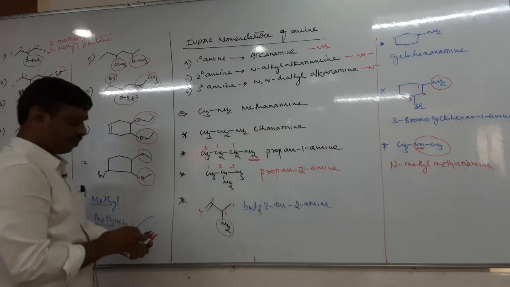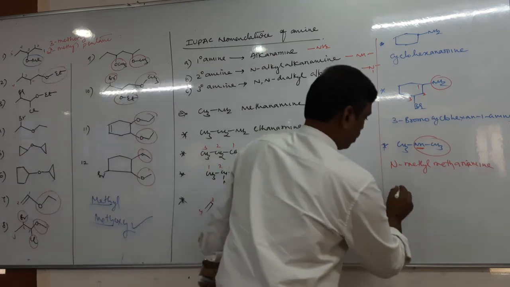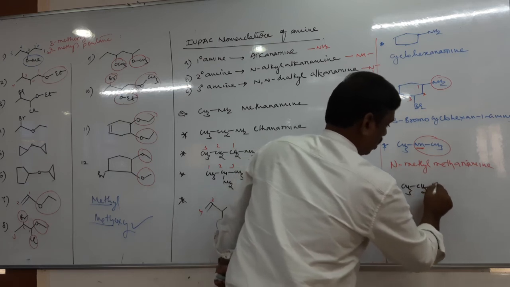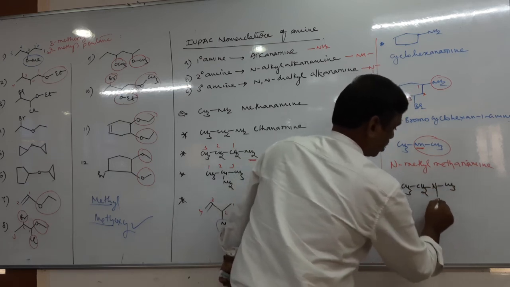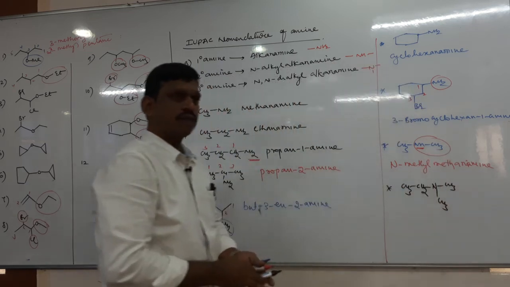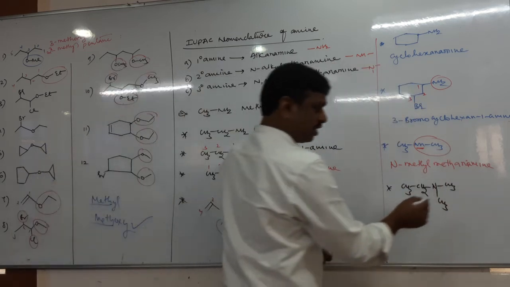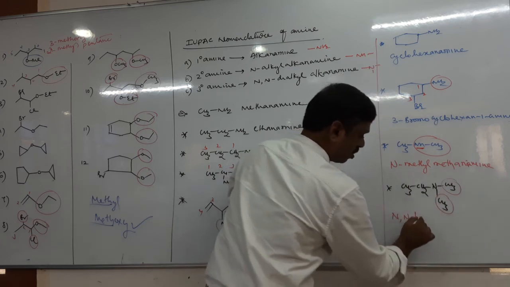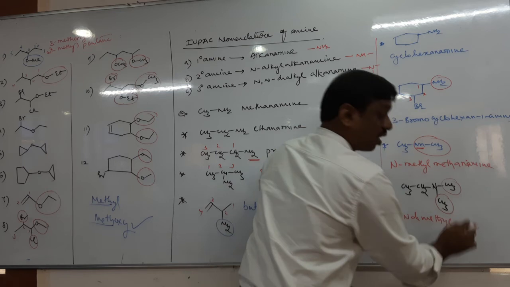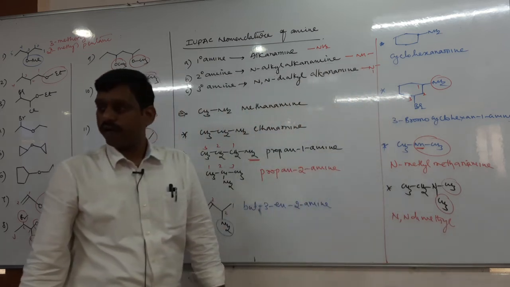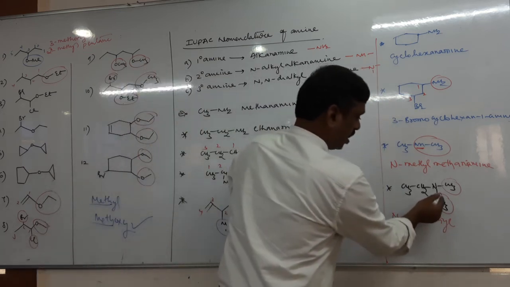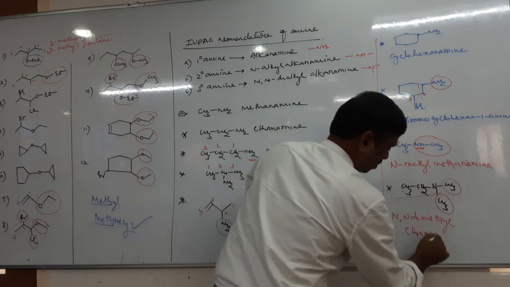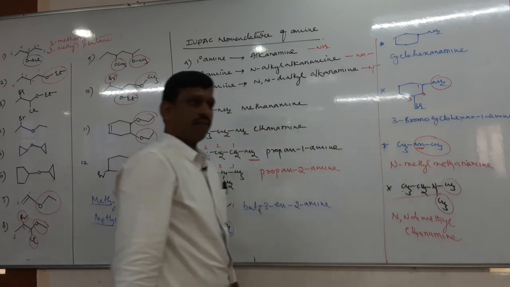N-alkyl methanamine. One more. If it is CH3CH2N(CH3)CH3. So it is N-methyl, N-methyl. N,N-dimethyl. Okay, then it is ethanamine. Ethanamine.